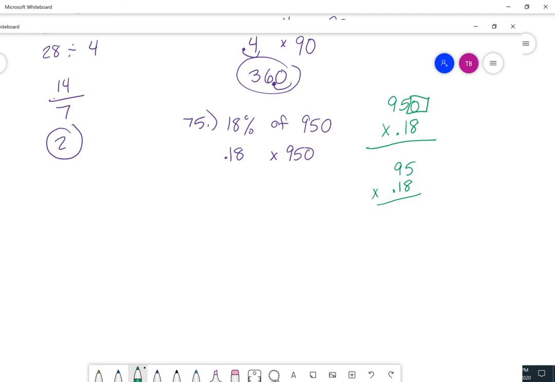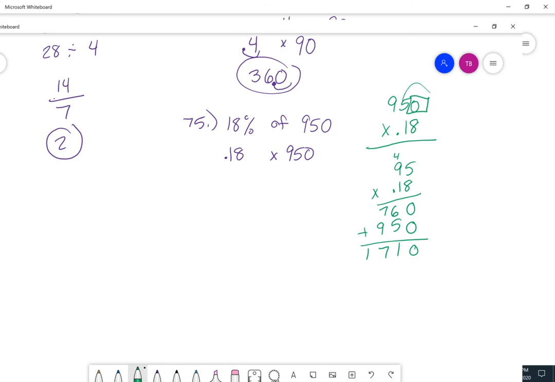We're going to ignore the decimal while we multiply. So 8 times 5 is 40. 8 times 9 is 72. Plus 4 is 76. 0 for place value. 1 times 5. 1 times 9. Add that together. And I get 1710.